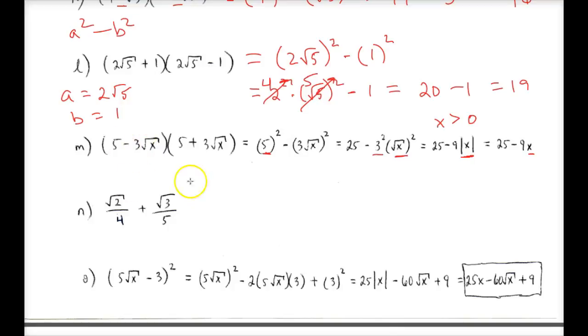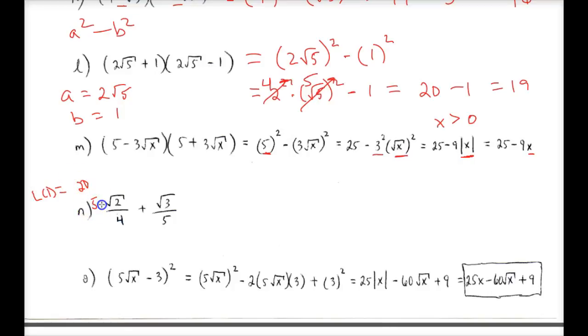All right, so for example N, we see that we have radicals, but we're also dealing with fractions. And so it's important for us to follow the rules of fractions, which means we can only add or subtract them whenever we have like denominators. So we need to find the LCD, and the LCD for 4 and 5 would be 20.